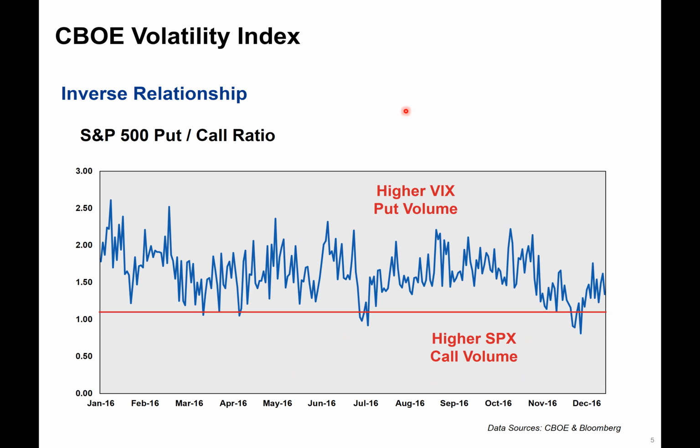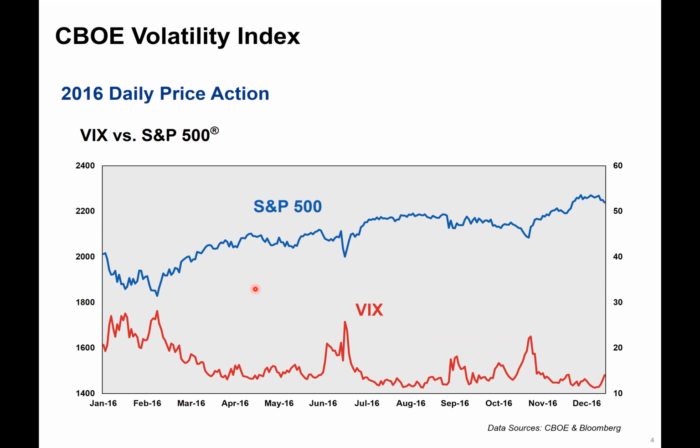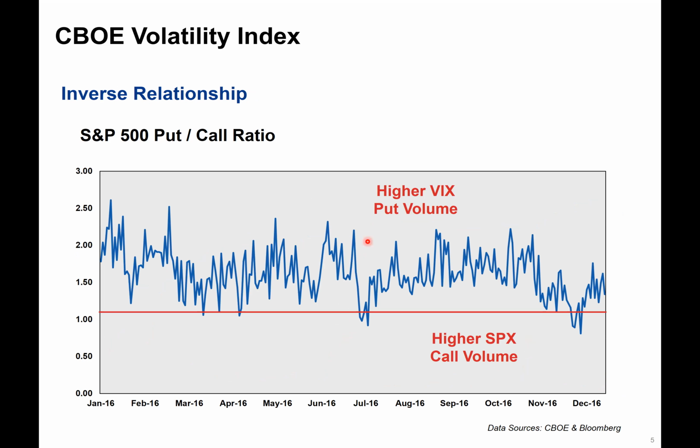And the reason that we get that sell-off, that we get these sorts of price reactions when the S&P 500 sells off, the reason that we get a spike up in VIX is because in the S&P 500 arena, more puts trade than calls on a regular basis.